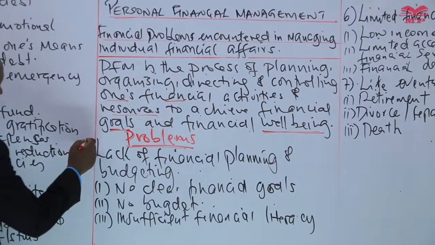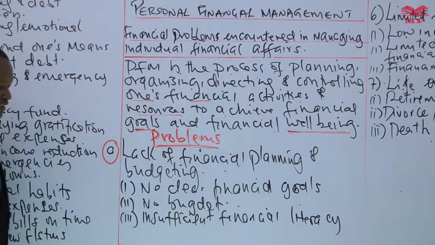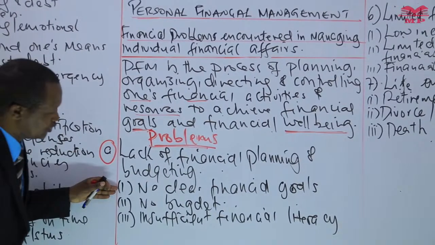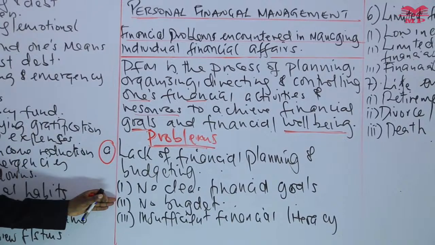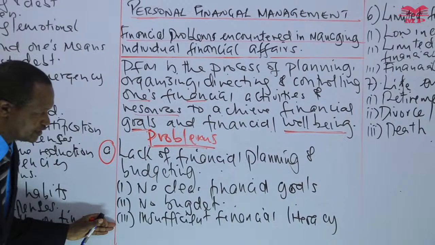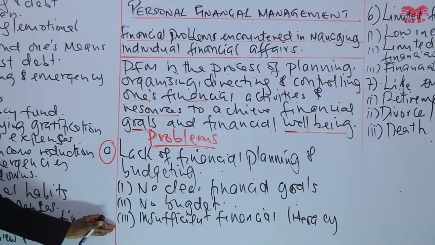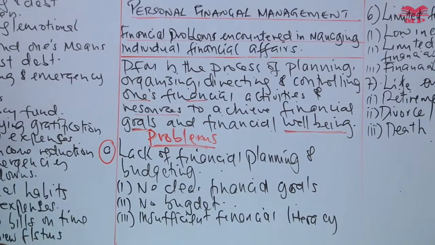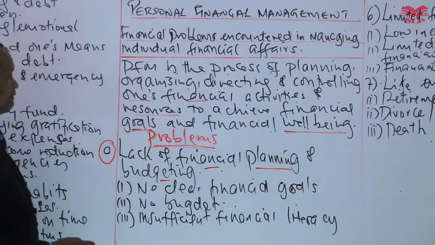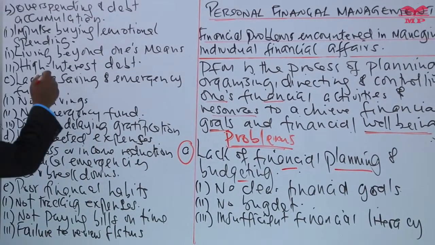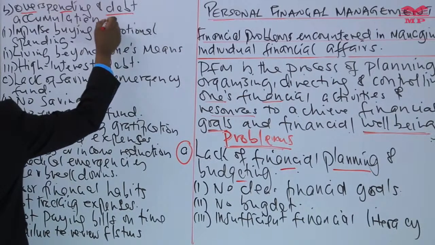The first category is lack of financial planning and budgeting: having no clear financial goals, having no clear budgets, having insufficient financial literacy.